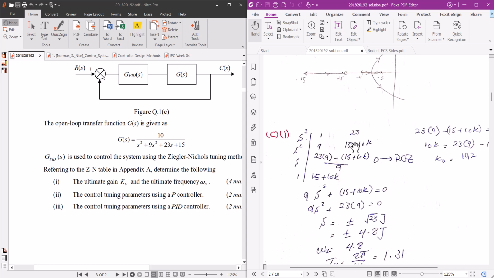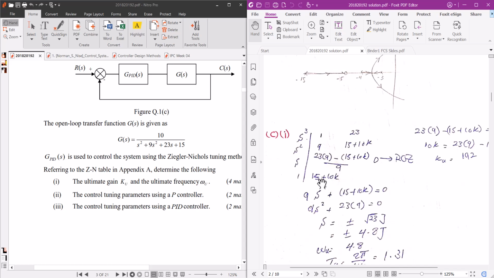So you multiply minus 23 into 9, and then the minus which is outside is inserted, so you will get (23 into 9 minus 15 plus 10k) over 9. This is the final term you get, and the further term is 0 because there is 0, 0 here.